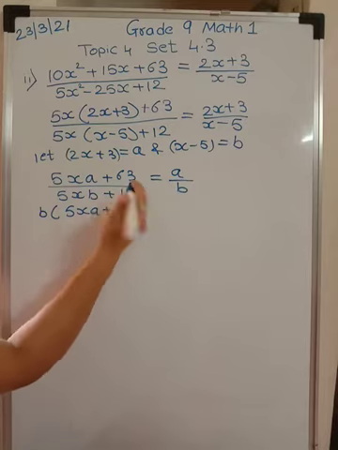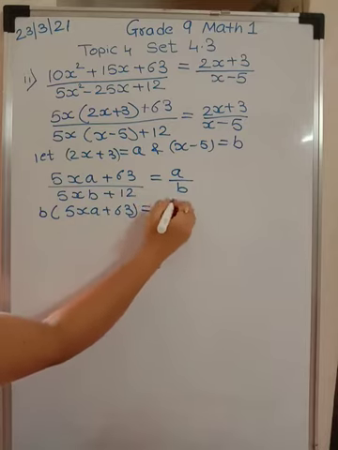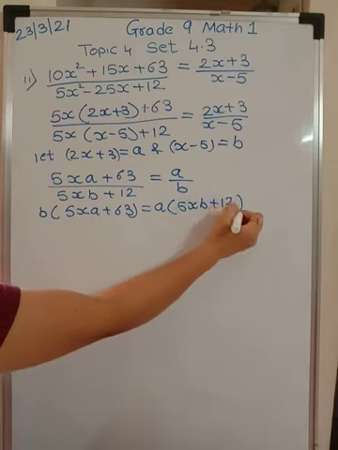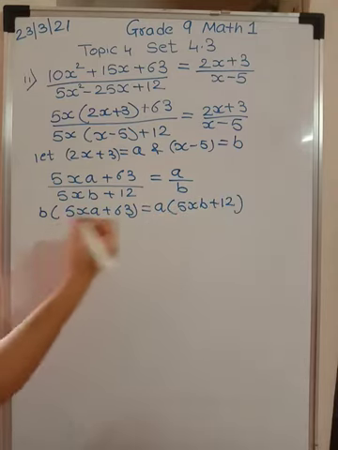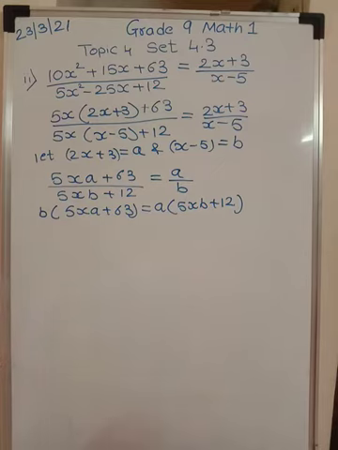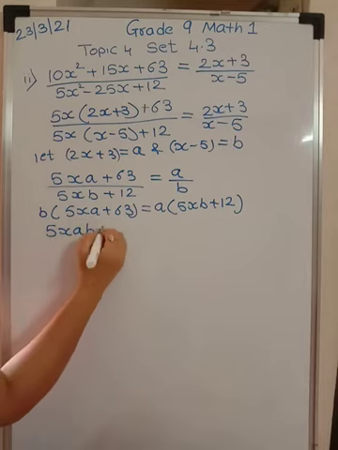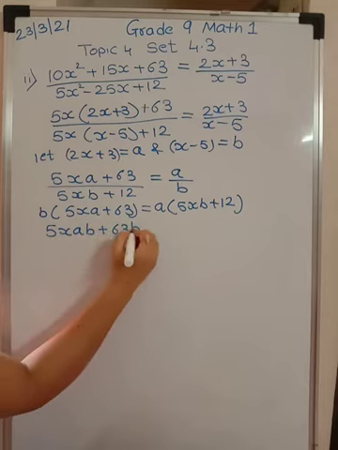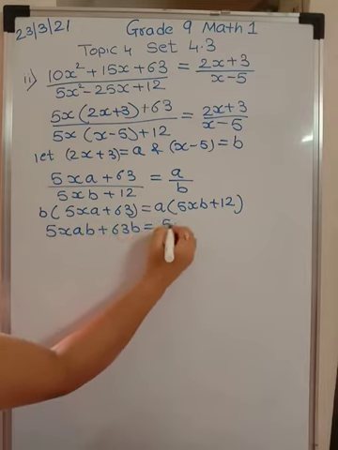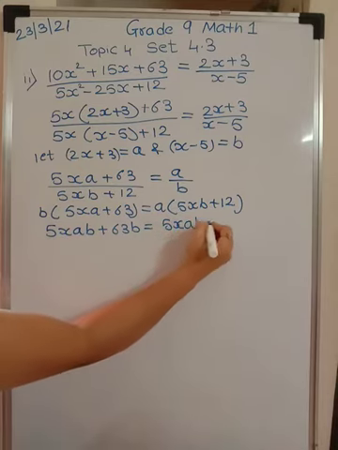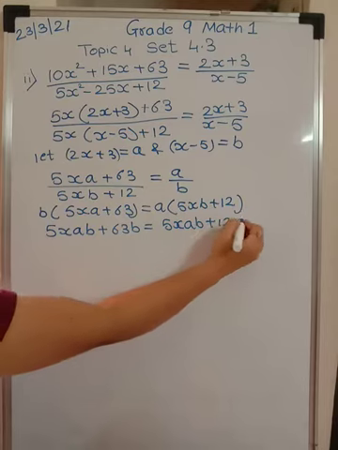I am just cross multiplying, which is equal to a into 5xb plus 12. Okay, now let me multiply this whole by b. So what am I going to get? 5xab plus 63b is equal to 5xab plus 12a, alphabetically I am writing.